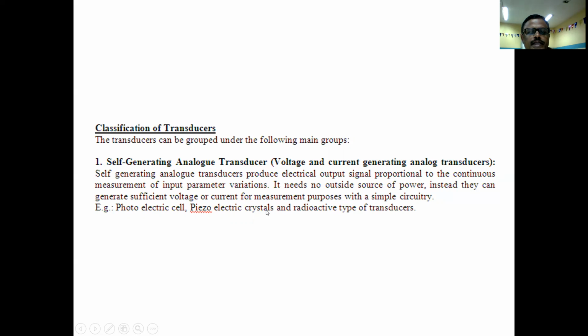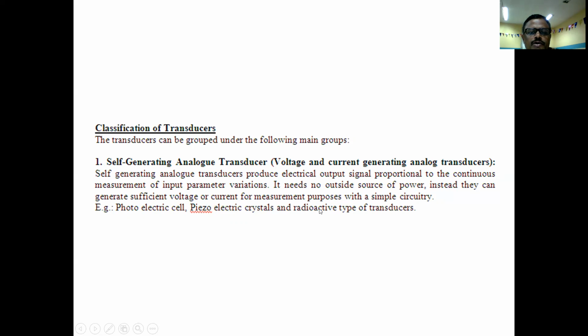So in piezoelectric crystals, certain crystals, when they are subjected to force, they are generating voltage. So that is also a self-generating transducer.